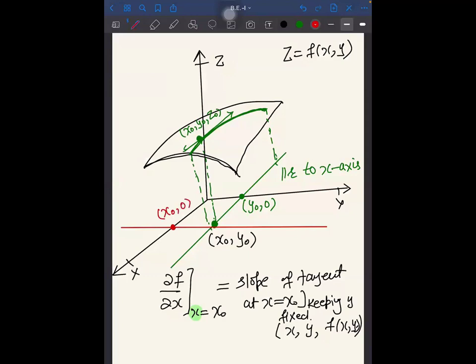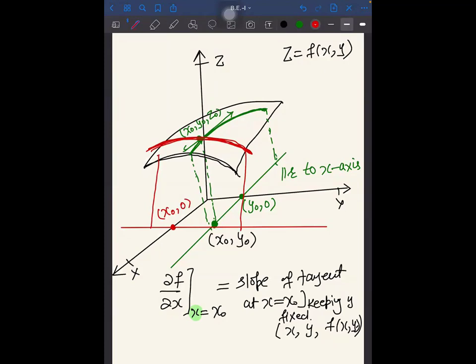You have fixed the x coordinate, right? And now you are moving along the y coordinate. So imagine a plane along this line which will slice that sheet. Now if this plane slices that sheet, then this kind of curve will be generated, right? Is it okay? Are you with me on this?